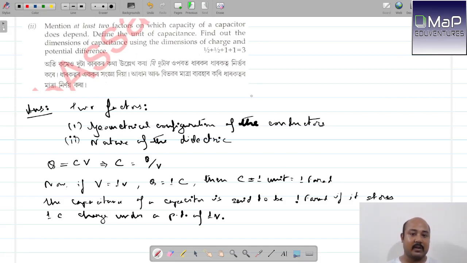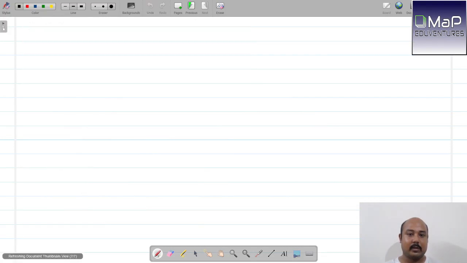Find out the dimensions of capacitance using the dimensions of charge and potential difference. This is our next question. On a new page, our relation is C is equal to Q by V. So the dimension of C is equal to dimension of Q by dimension of V. The dimension of Q is simply AT, where A is the current and T is the time.